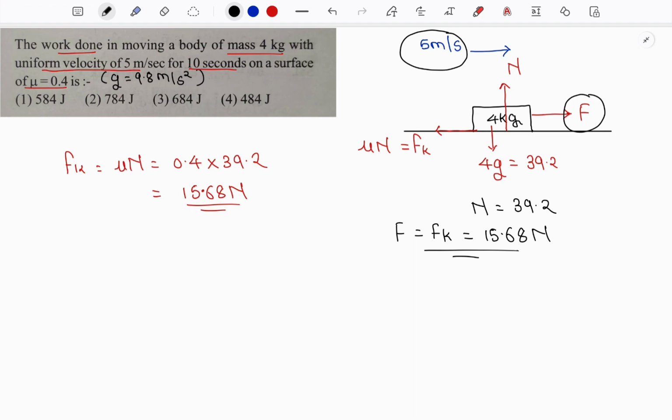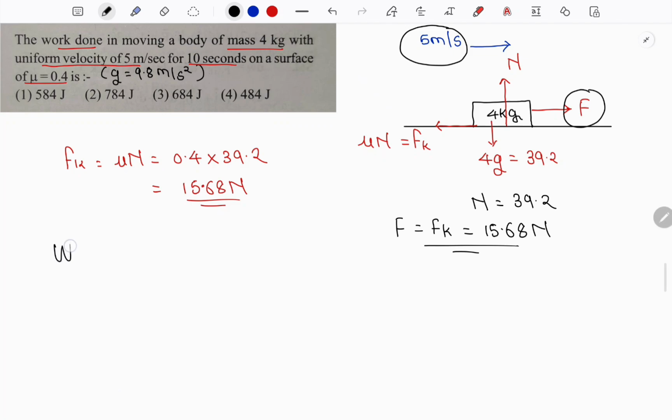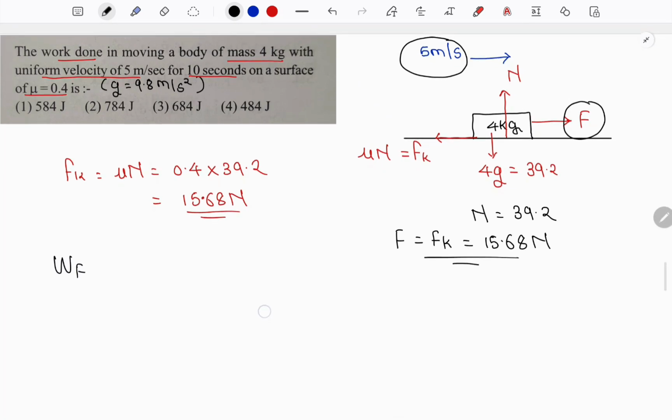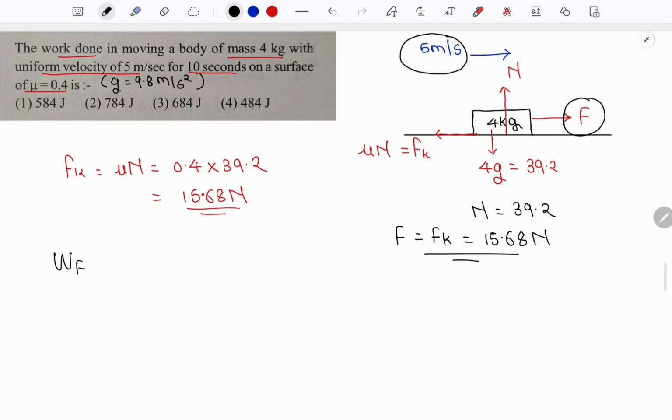So what we have to actually find out in this question is nothing but the work done by the capital force F. And that will be nothing but F into S into cos theta. So force is towards right, displacement is towards right, and therefore the angle between them will be 0 degree. So it will be F into S into cos of 0 degrees, and that will be nothing but Fs. So if we substitute the value, it will be 15.68 into S.